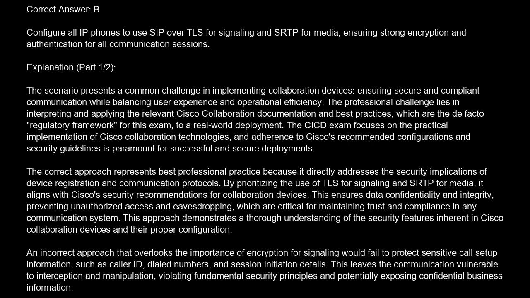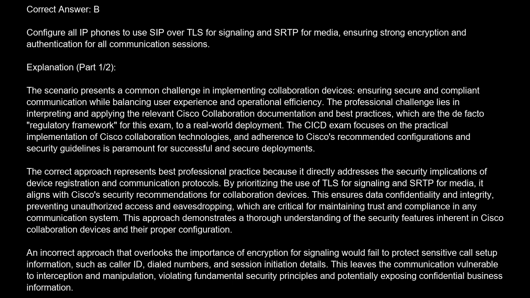The correct approach represents best professional practice because it directly addresses the security implications of device registration and communication protocols. By prioritizing the use of TLS for signaling and SRTP for media, it aligns with Cisco's security recommendations for collaboration devices. This ensures data confidentiality and integrity, preventing unauthorized access and eavesdropping, which are critical for maintaining trust and compliance in any communication system.